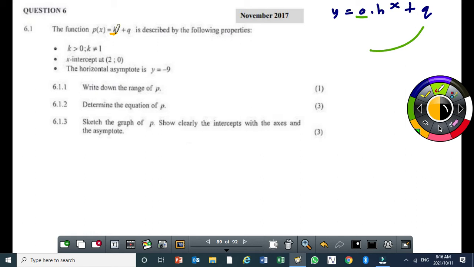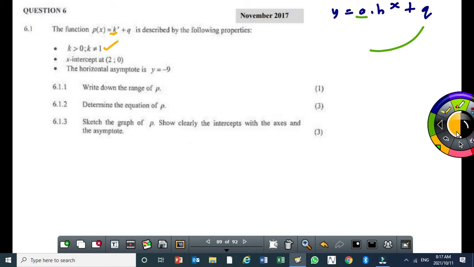My suggestion would be, it's better to calculate it so that you can be 100% sure, because this property doesn't tell us exactly whether the value of k is between 0 and 1 or greater than 1. So I'll do a quick calculation.